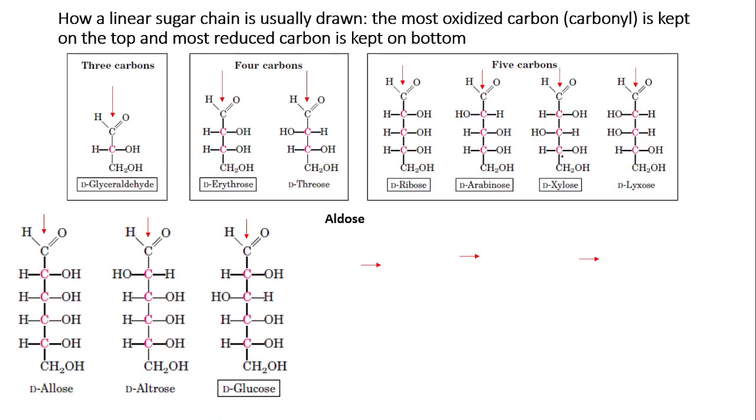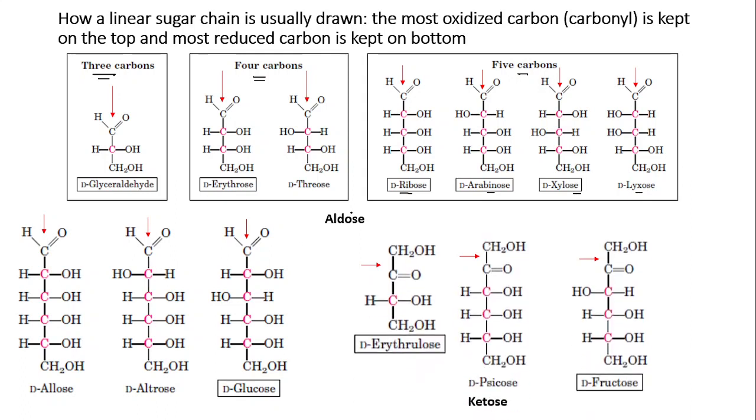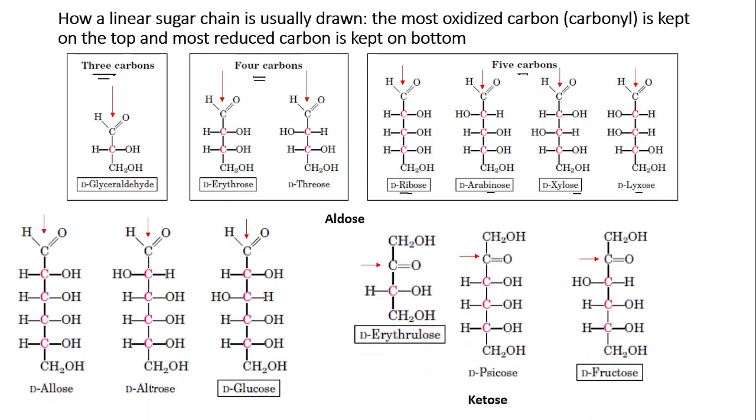So for example, here is a number of sugars, and you can see some of them are aldoses and some are ketoses, and this is the conventional way of drawing. All of them have the aldose or aldehyde group on the top, and the CH2OH on the bottom. This starts with the 3 carbon carbohydrate, glyceraldehyde, then 4 carbon, erythrose and threose, then 5 carbon D-ribose, arabinose, xylose and lyxose, then 6 carbon, allose, altrose, glucose, and a few others.